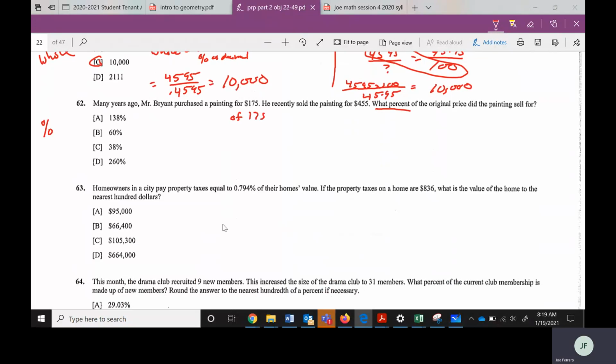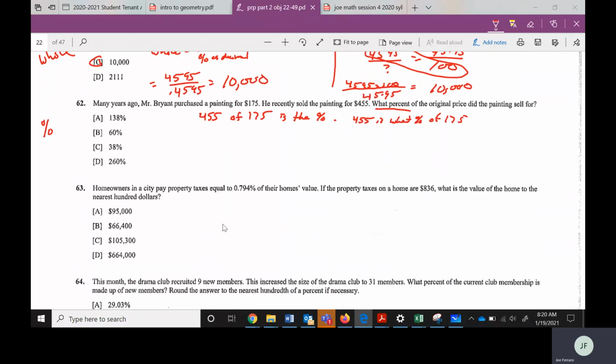So of original price was 175. So we're looking at 455 of 175 is the percent, or you could, that sounds a little weird, you could say 455 is what percent of 175.